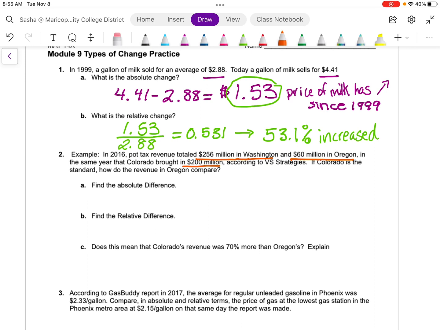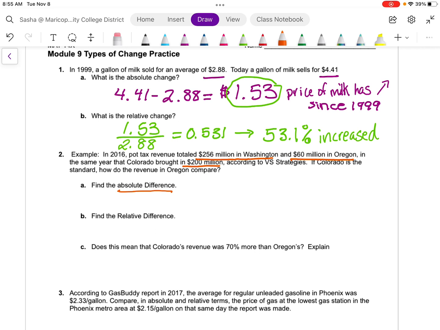To do that, you're going to take the revenue, so we're now asking for an absolute difference. The reality is an absolute change and an absolute difference have the same formula, but what you're using them for is different. With an absolute change, I'm comparing the same thing at two different points in time, and looking at how that one object changed.